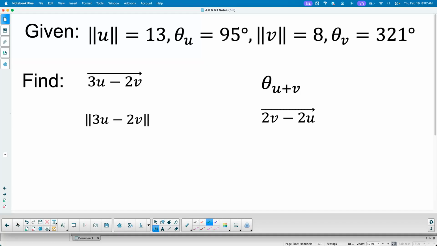So, here's the next scenario. The magnitude of vector u is 13. The direction angle for vector u is 95 degrees. The magnitude of vector v is 8, and v's direction angle is 321 degrees. We want to find these different things.